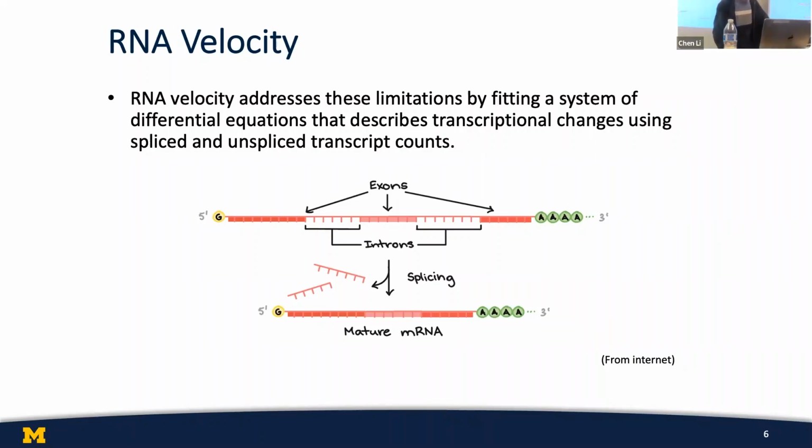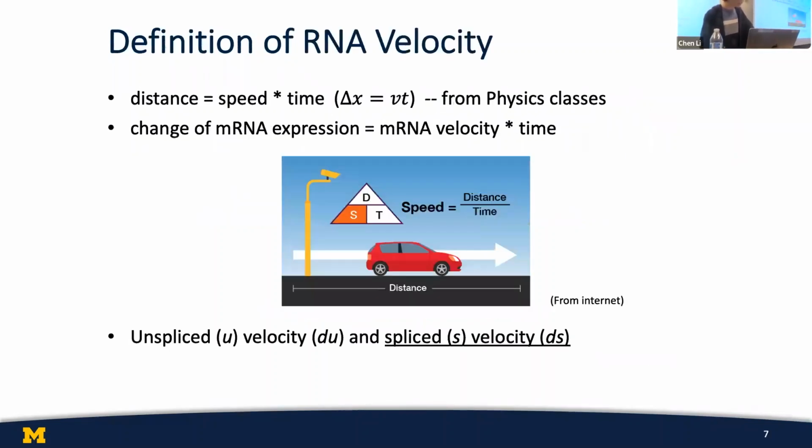One important step is that the introns of the pre-mRNA are spliced out, resulting in mature spliced mRNA for use as a protein template. This is the mRNA splicing.